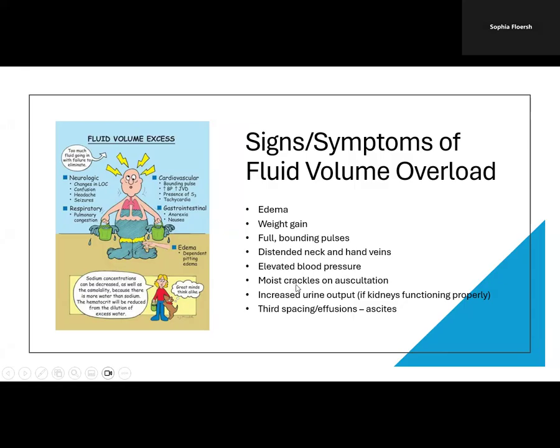Moist crackles on auscultation, because that implies that there's some sort of breathing problem. All of these are concerning, but when we use our ABCs, that's what I'm concerned about. Distended neck veins, you always want to look at those jugular veins because that means I've got a bunch of fluid building up.